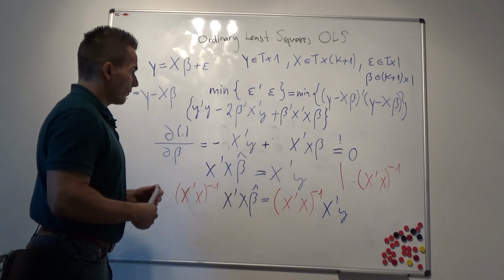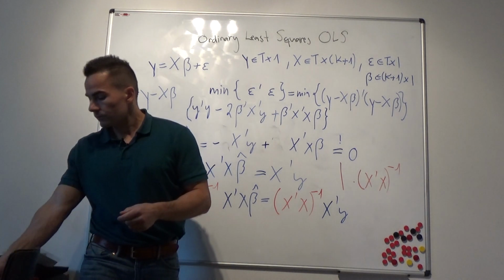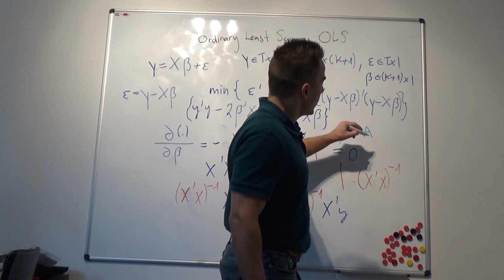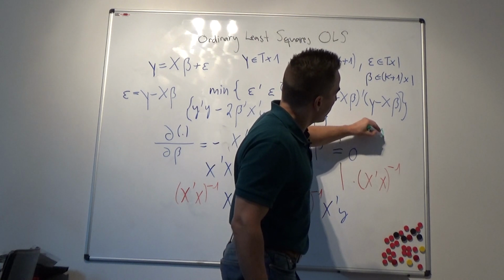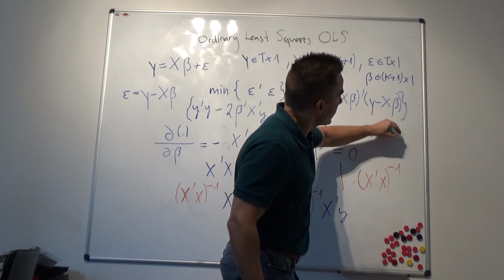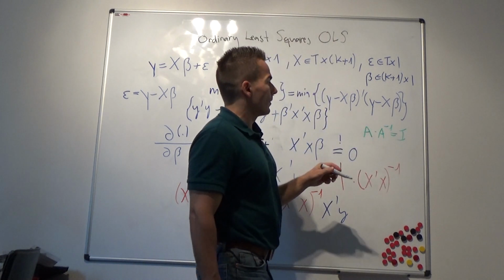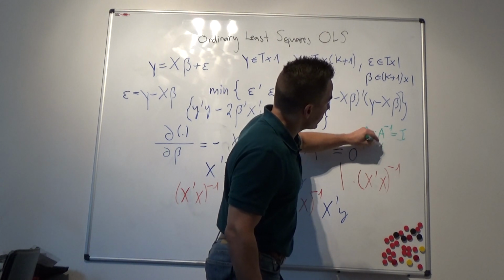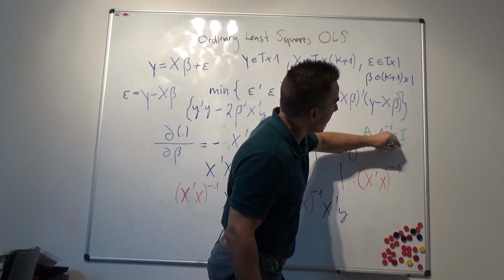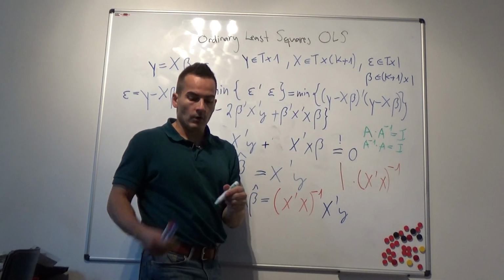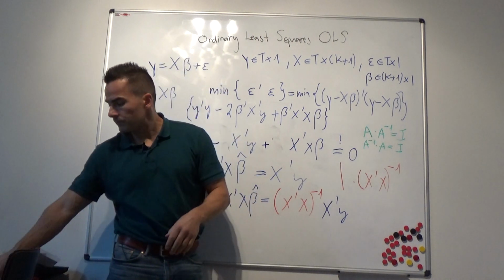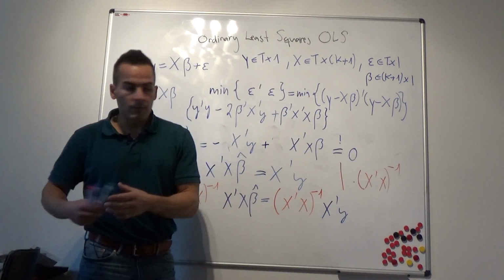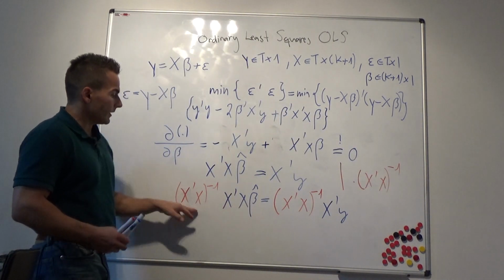What we know from linear algebra is that for any matrix A, A times A inverted is the identity matrix, and the other way around as well. We apply this simple rule here in our context. What remains here is the identity matrix.